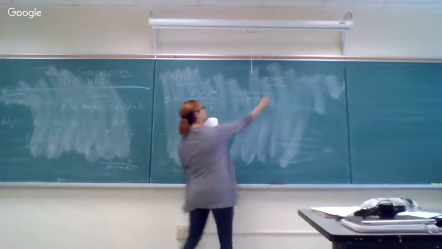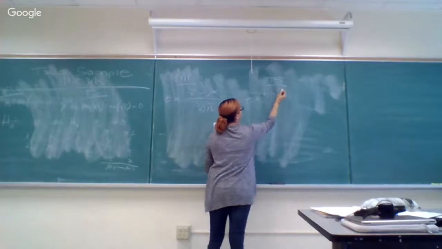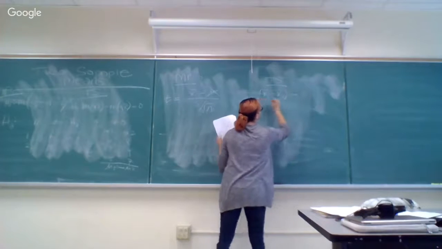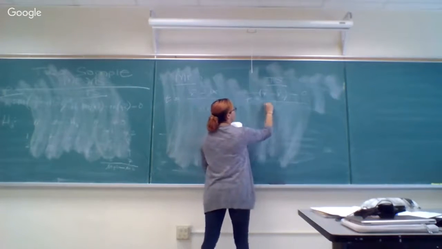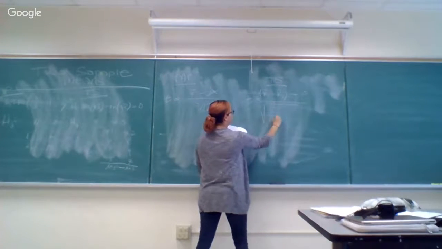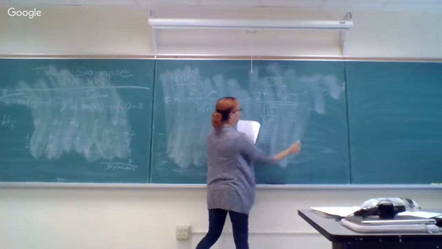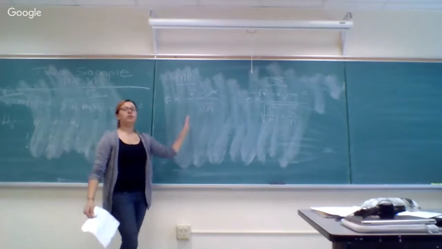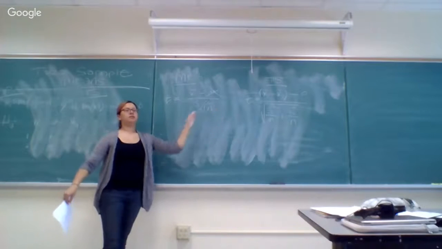So it looks like this: x1 bar minus x2 bar, minus 0, and then we have a giant square root of s1 squared over n plus s2 squared over n. So we're just adding another one to it, in a sense. So it's the same value, just computed differently.